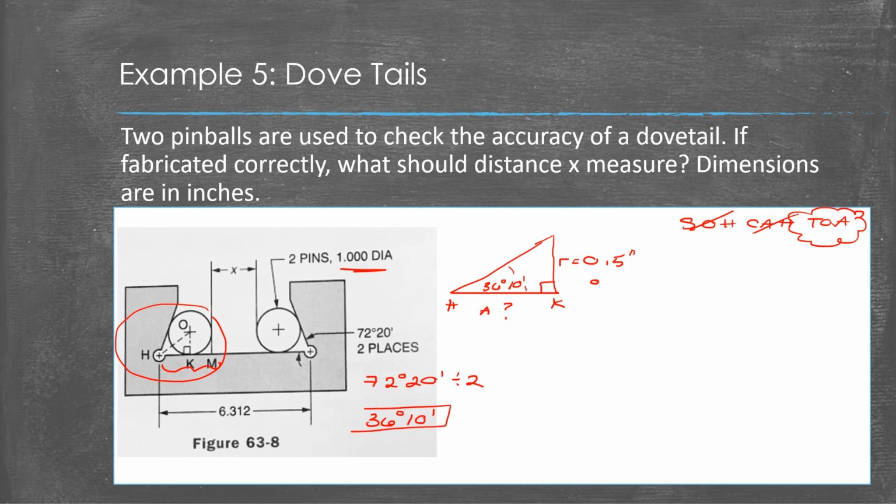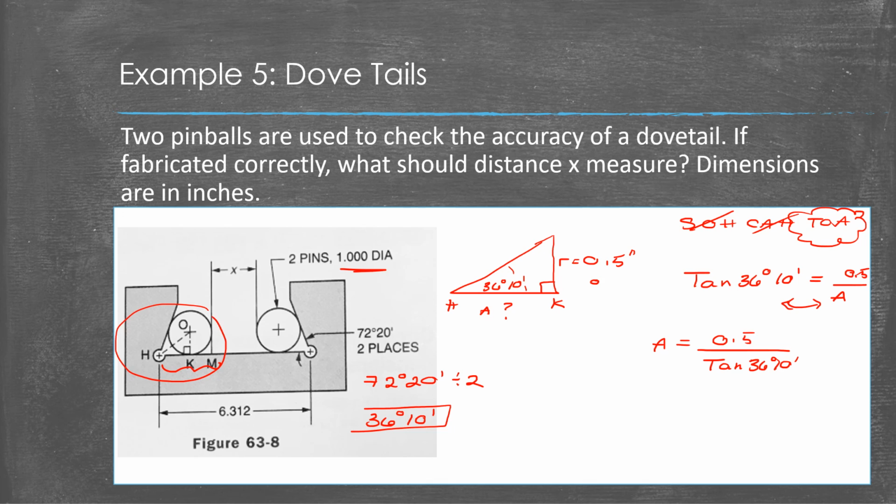All right, now let's do our calculation. The tan of 36 degrees, 10 minutes is equal to opposite, 0.5, divided by the adjacent. Since we're looking for adjacent, it's on the bottom, so this is one of those trade places. Adjacent is going to be equal to 0.5 divided by the tan of 36 degrees, 10 minutes.